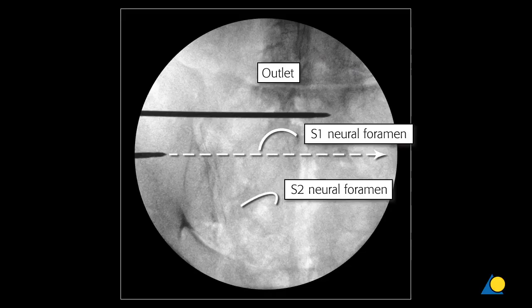The correct position in the outlet view is then ascertained so that the wire is above the S2 foramen and below the inferior end plate of S1.